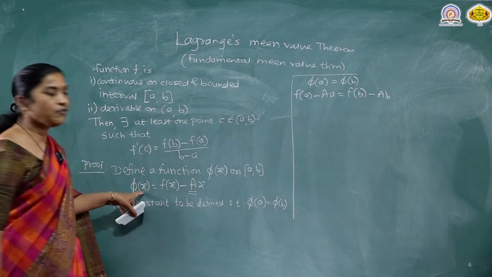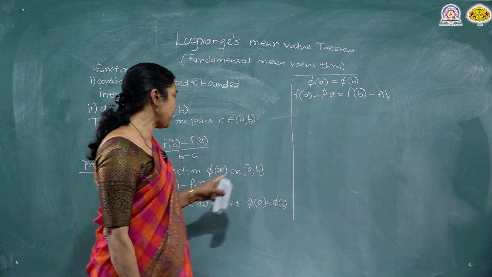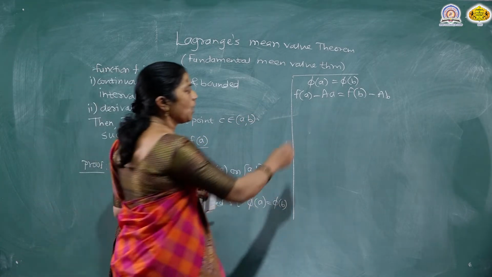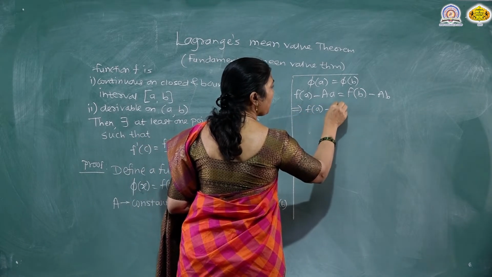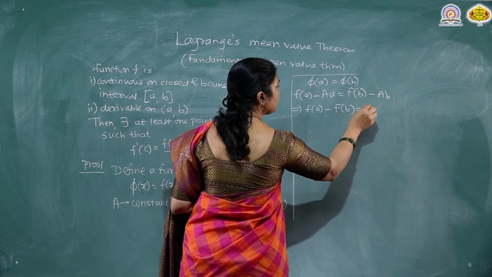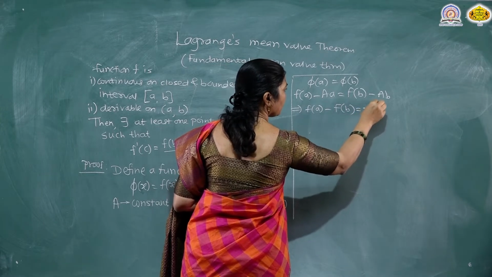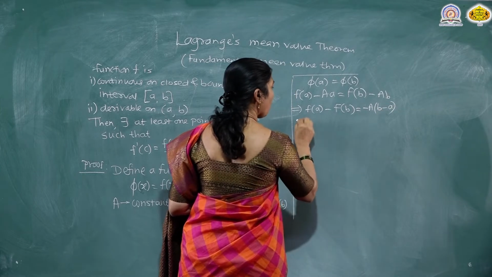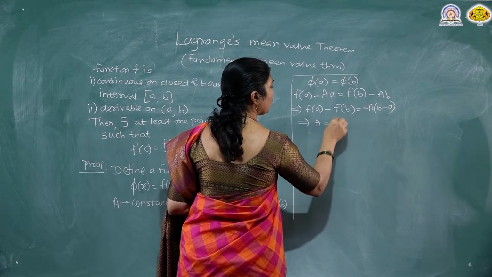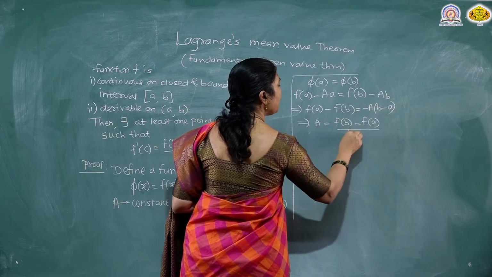So, substituting the value of x to be a and b, we get phi(a) and phi(b) from our definition of phi. Simplify this. This implies that f(a) minus f(b) is equal to A into (a minus b), or we have A is equal to (f(b) minus f(a)) upon (b minus a).